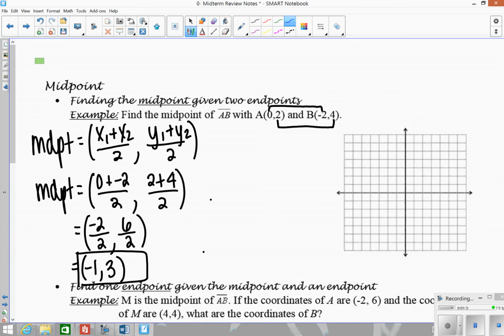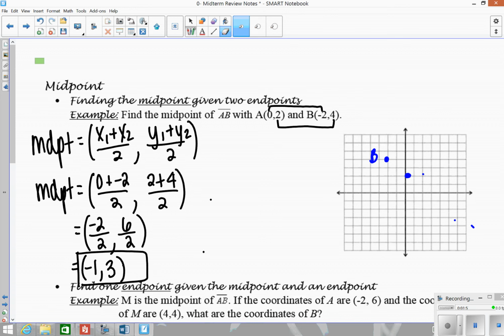So if you were to do this on a graph, I would plot my points. So A, B is negative 2, 4, 1, 2, 3, 4. Let me move this A out of the way. I'm just going to erase it and start over with that.